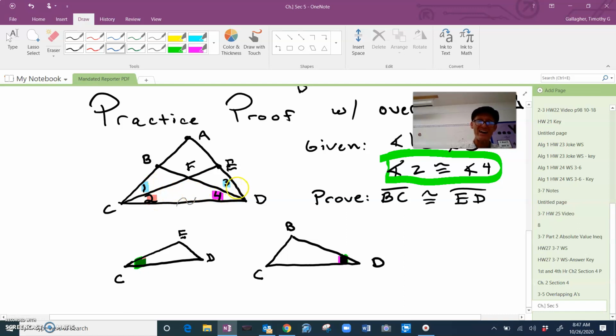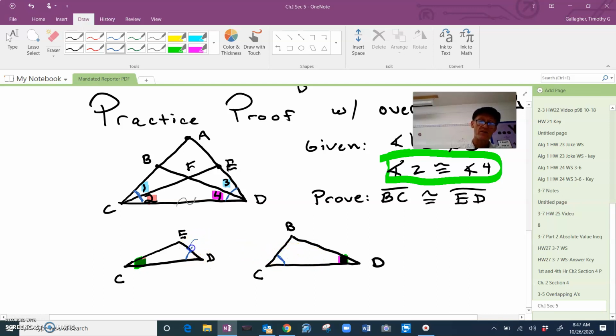So if we add 3 and 4 and 1 and 2, we're going to get the same. That's addition. That's congruent angles added to congruent angles. So those two angles are here, see? This is 3 plus 4 right here, and right here is 1 plus 2.